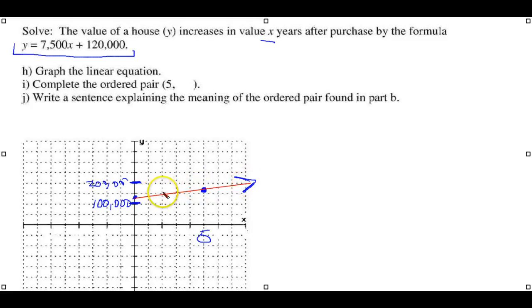Now, what's the trend of this? Well, it's going to go upward. It's increasing. So we made a graph, and this would be very hard for you to do. The numbers are way too big. I'm surprised they gave us this one. But now they want us to complete this ordered pair.